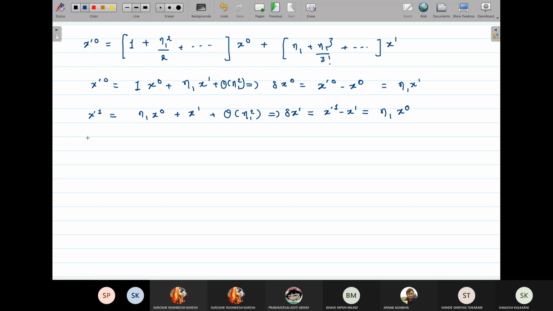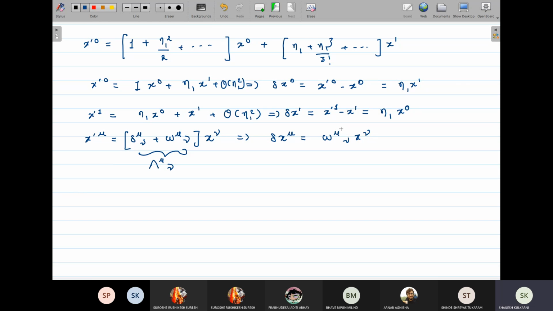Now recall that we have written, for the infinitesimal case, x prime mu equal to delta mu nu plus omega mu nu, times x nu, because this is basically your infinitesimal Lorentz transformation. From this, delta x mu is basically omega mu nu x nu.